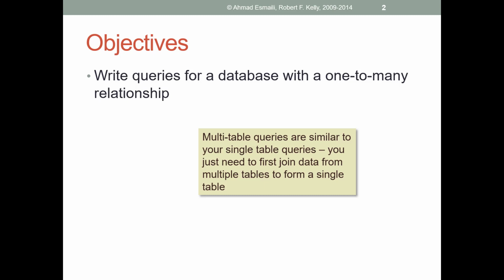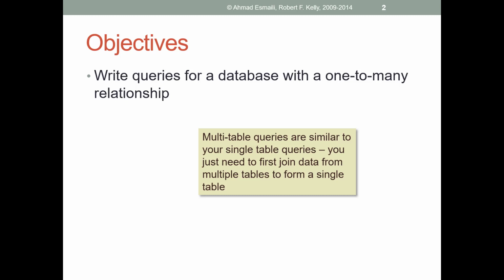So there is a one to many relationship between nation and shares. The queries that we will be learning to write in this lecture would be around one to many relationship. The interesting thing is that the queries are almost similar, except for one new thing you'll be learning in this lecture, which is the concept of join.